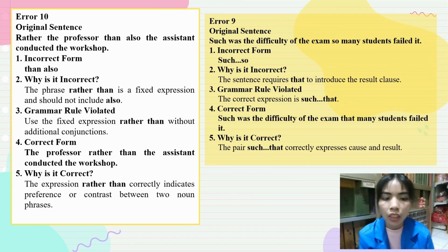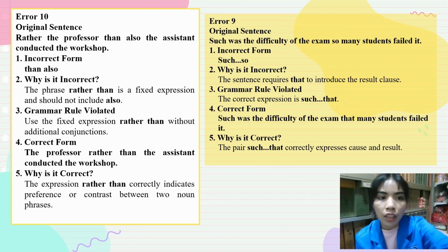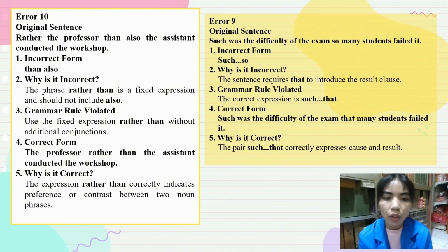Okay, the last part is the errors in 9 and 10. In the ninth sentence, the correct expression is such... that because it expresses a result. In the last sentence, rather than is the correct fixed expression, so also should be removed.